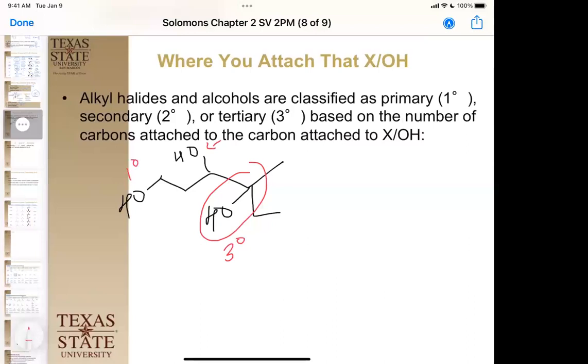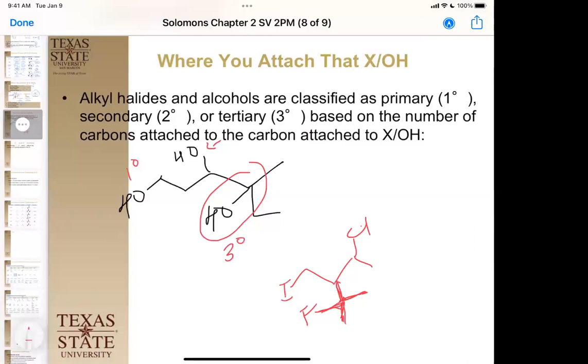So that works for any alcohol, or if we want to change our structure up even crazier, a fluorine, a chlorine, and an iodine here, those alkyl halides are going to follow that same structure. The iodine is on a primary carbon, so it's primary. The chlorine is on a secondary carbon, so it's a secondary chloride. The fluorine is on, that should be a tertiary carbon.